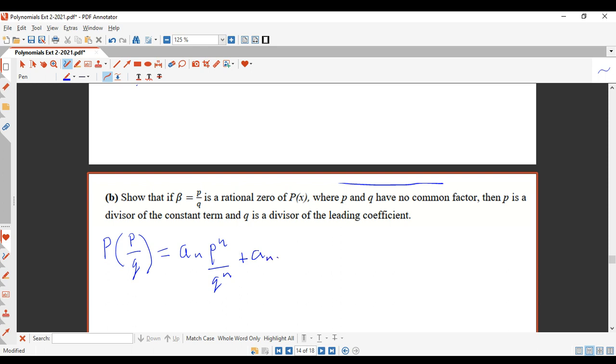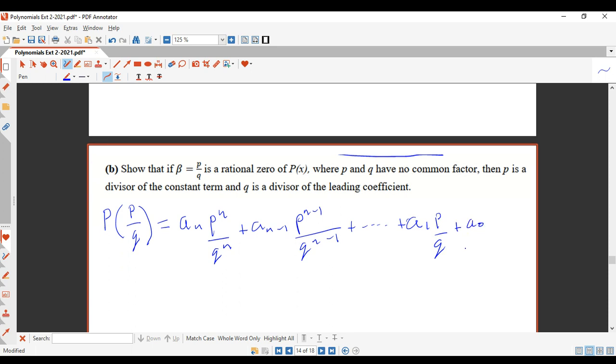Then plus a_(n-1) p^(n-1) over q^(n-1). Okay, it's looking good. Then we're going to have a whole lot of dots as before, plus a_1 p over q, and then we've got a_0.